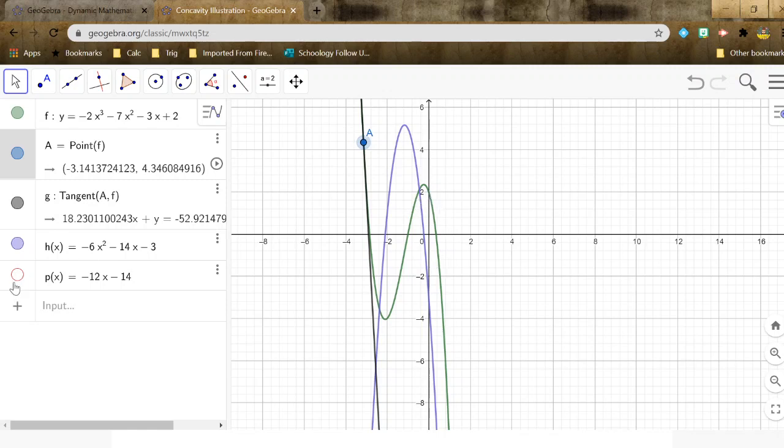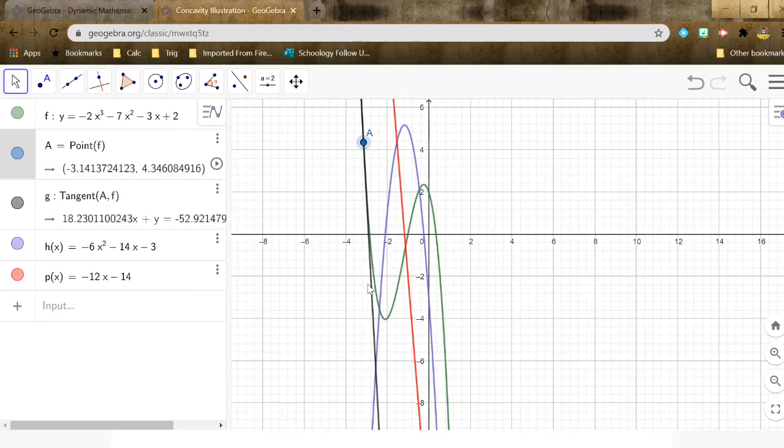If I want to pull up the second derivative, you can actually see over here I have the functions listed where the function is negative 2x cubed minus 7x squared minus 3x plus 2, the derivative being negative 6x squared minus 14x minus 3, and then the second derivative being negative 12x minus 14. That's showing up as red over here.